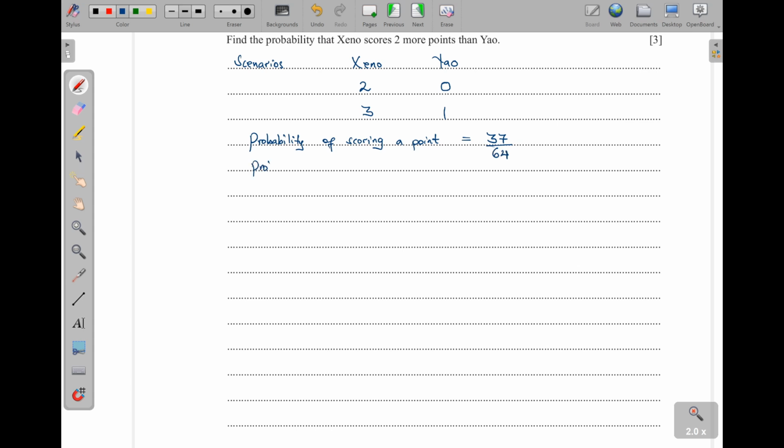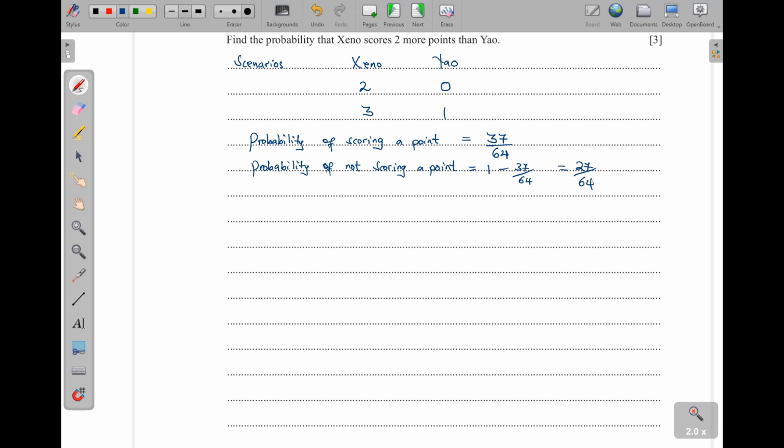Therefore, what is the probability of not scoring a point? This one automatically is going to be 1 minus 37 over 64. So this will be 64 minus 37. That one will give us 27 over 64.